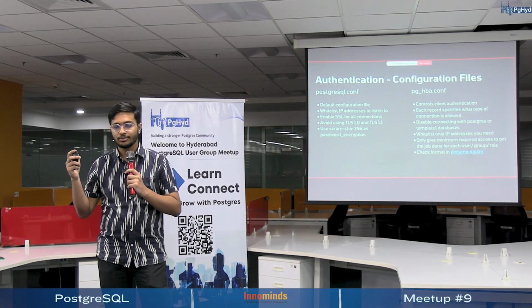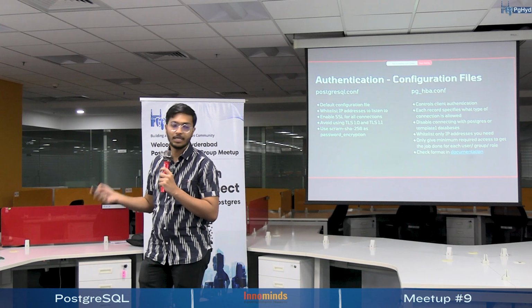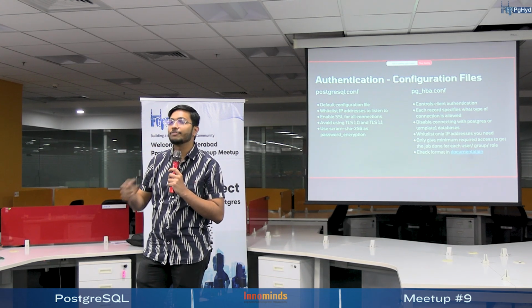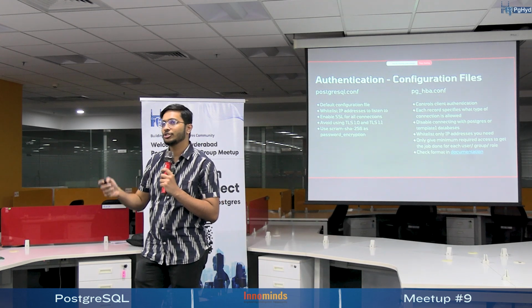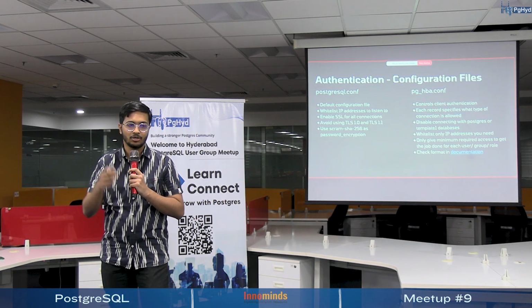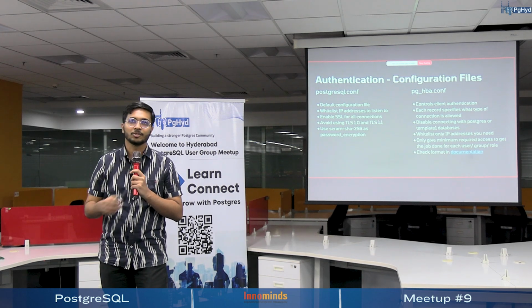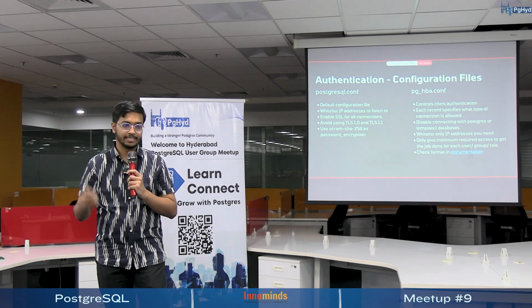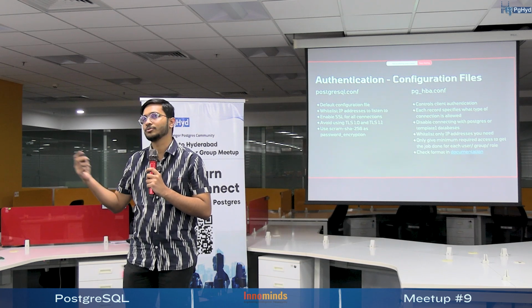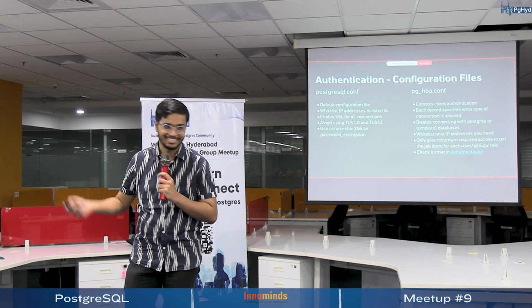This is what controls the client authentication. Each record is going to tell you what kind of connections are allowed. You have to ensure that you're not allowing connections to the postgres database or the template databases, because they are incredibly important for your database, and access to these can lead to some unforeseen situations.